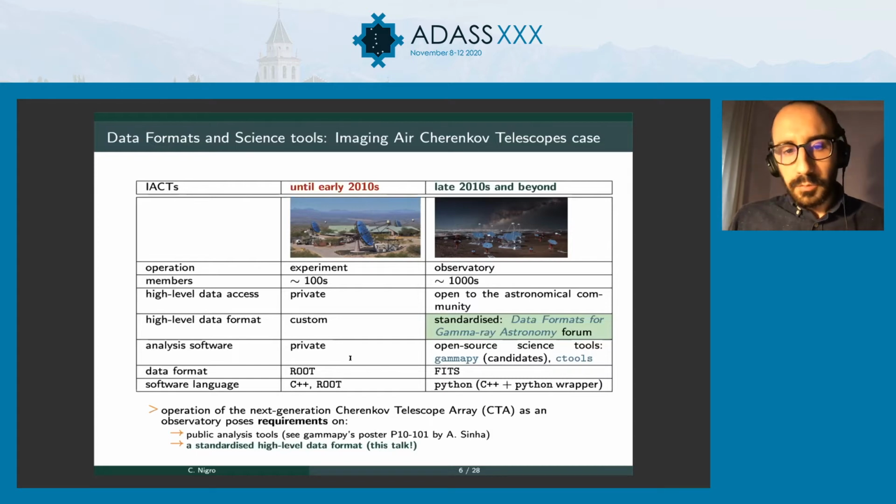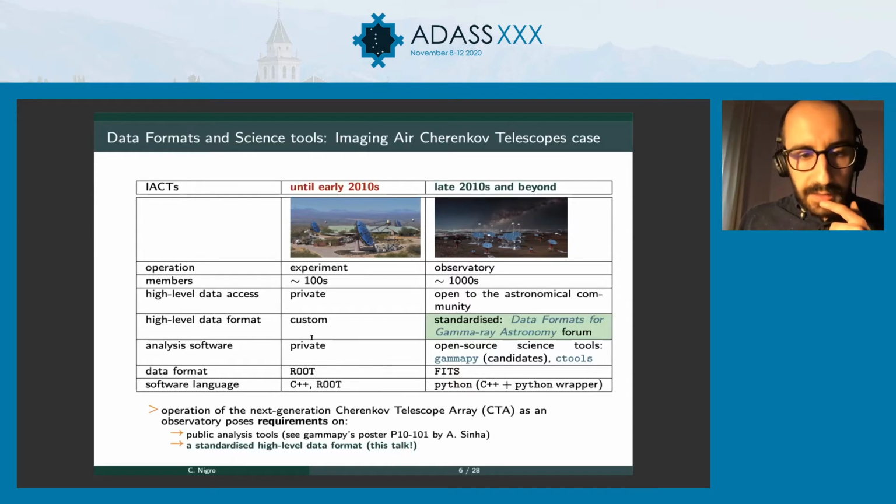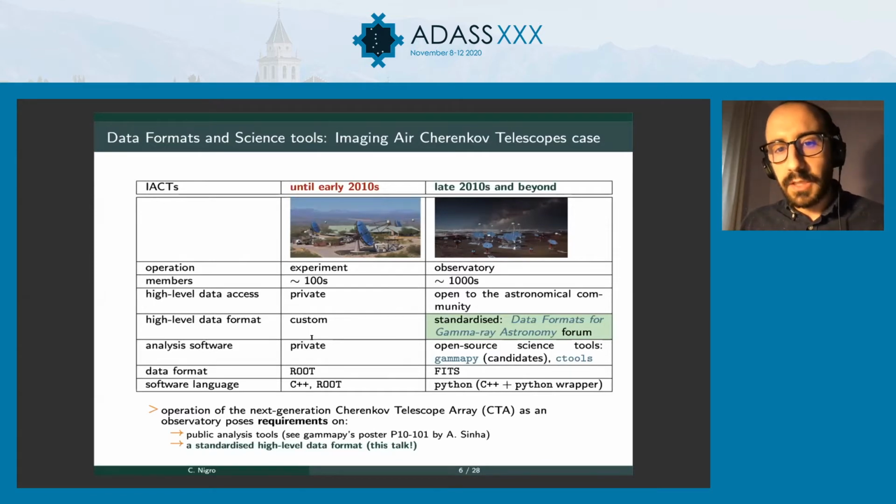Also, the data format was custom, so each telescope has its own data format and software, mostly based on C++ and ROOT. This is because people involved in very high energy gamma ray astronomy usually come from particle physics, so they inherited this setup of using C++ and ROOT.